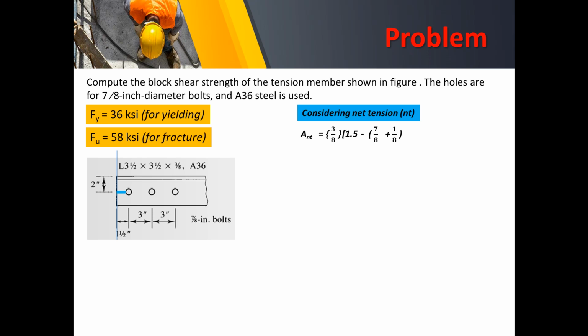That's 1/8, and of course that is only half of the diameter. Now, recall that we always add 1/8 to the diameter of the bolts to get the net area occupied by the bolt.